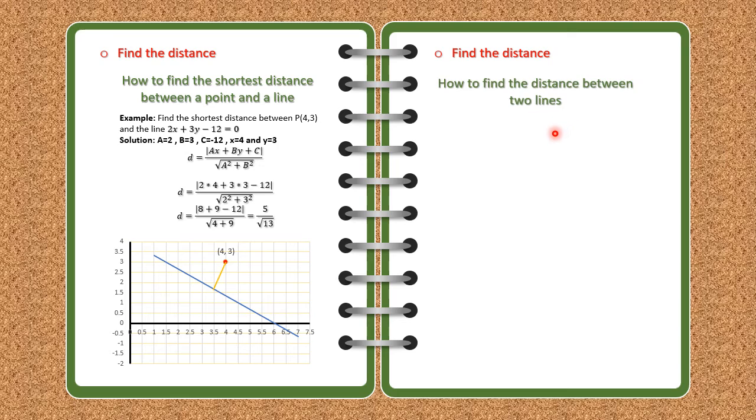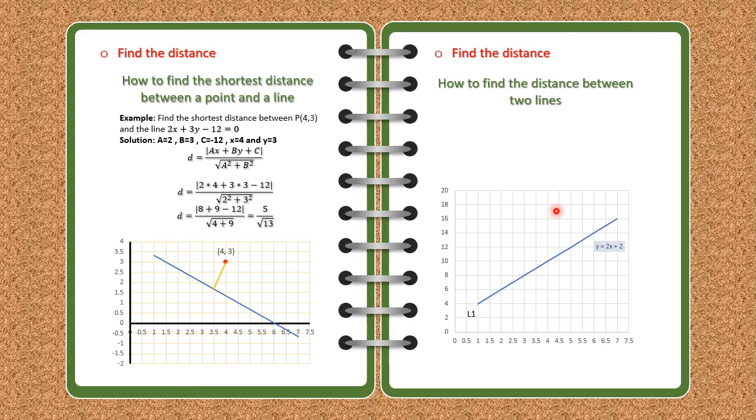Now, how to find the distance between two lines? I have two lines. Line 1 is y equals 2x plus 2, and line 2 is y equals 2x plus 5.